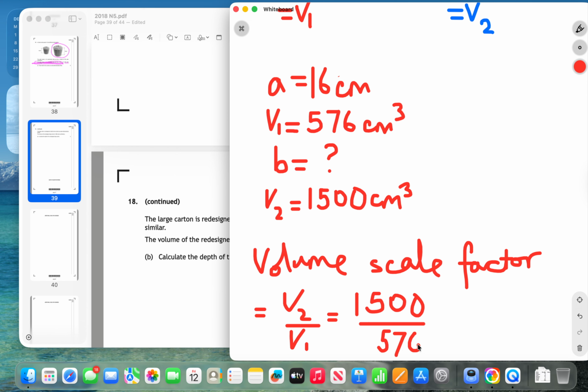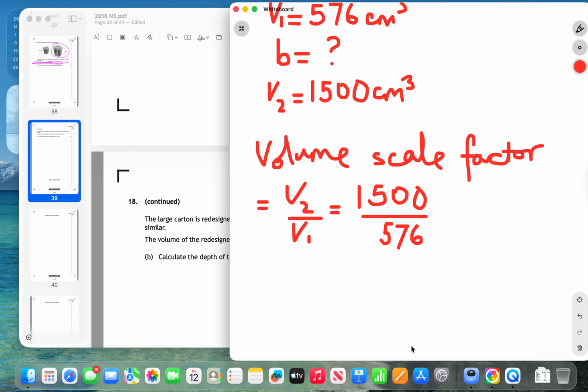We then want to find the linear scale factor, so you have to take the cube root of this. Now to go from the linear scale factor to the volume scale factor, you cube, but to go the opposite way, you take the cube root, or that's the power of 1/3. So the linear scale factor equals this to the power of 1/3.